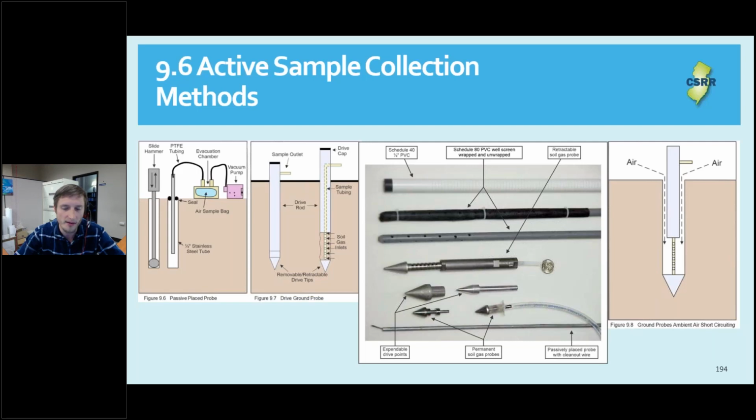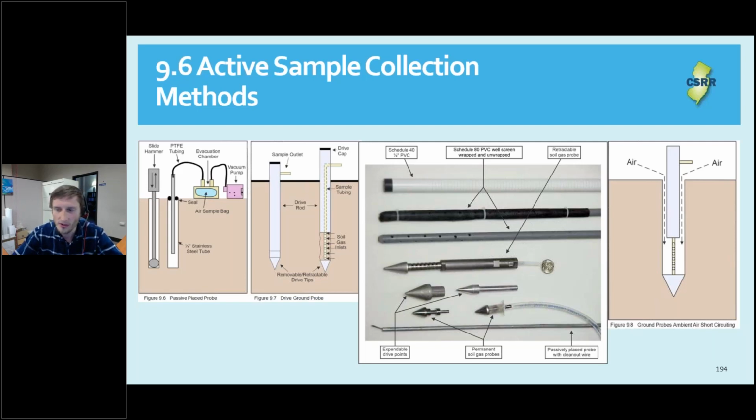And then just below that is the quarter-inch stainless steel tubing, which you can also stick a stainless steel screw at the very bottom, place it on the soil, use a slam bar to slam it into the ground. Depending on how tight the soil is, you could maybe lift it up by hand, but you're probably going to need to use a jack. And then you can connect it to tubing, purge it, and collect the sample.